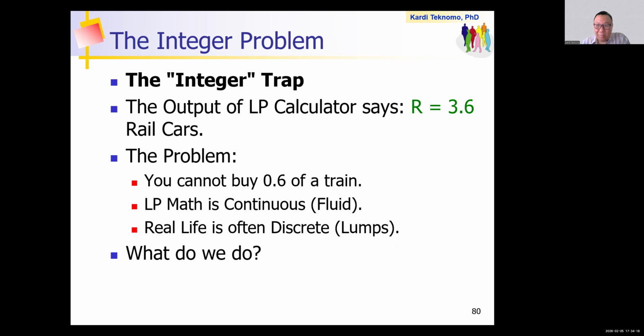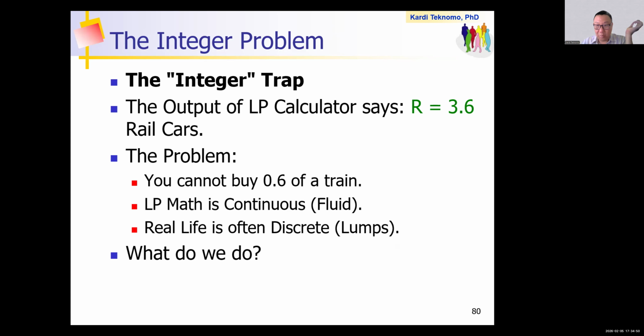So this is actually integer. While our problem is standard linear programming, which assumes everything is like water, divisible, the train is like a brick, solid. So then you start to feel, oh, the model is broken. This is not a bug. Real life is sometimes discrete.